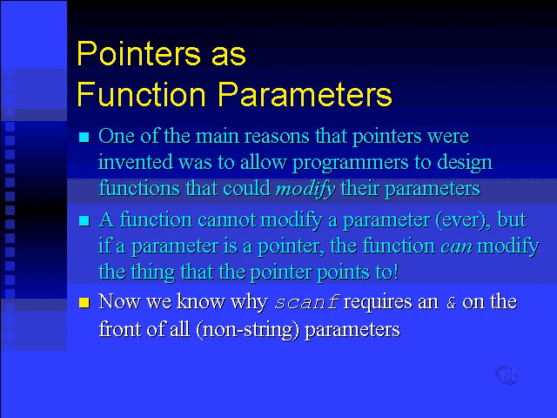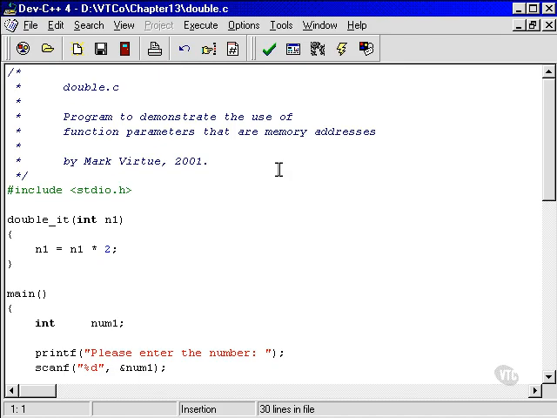I'm going to go back to the double-it example. Okay, so here's double.c. This is the double-it example that I was talking about. I can't remember what chapter this came from, but this is the piece of code that simply attempts to double the parameter that you pass in.